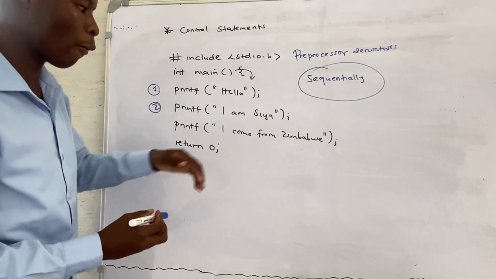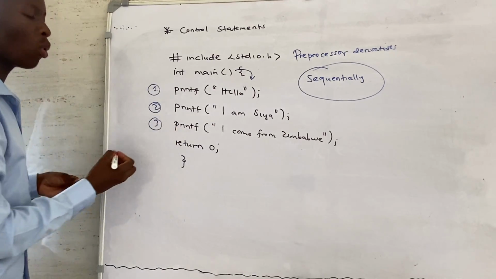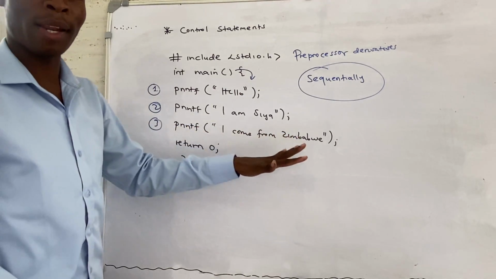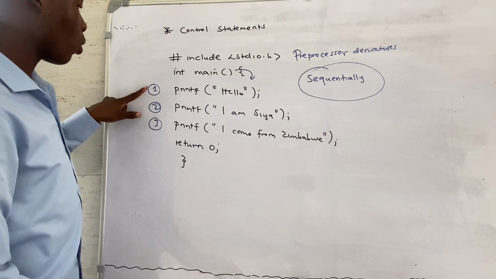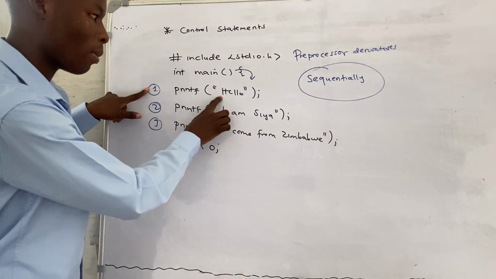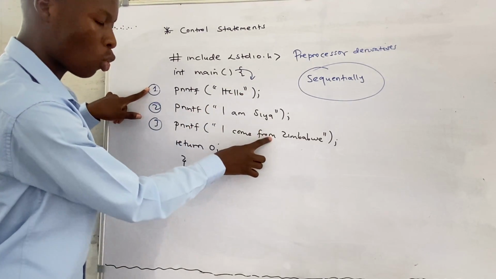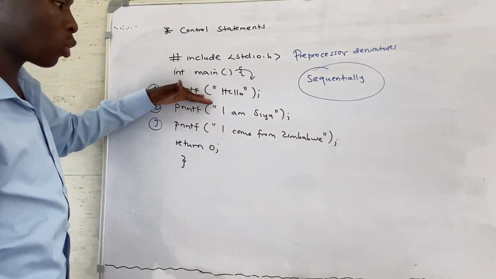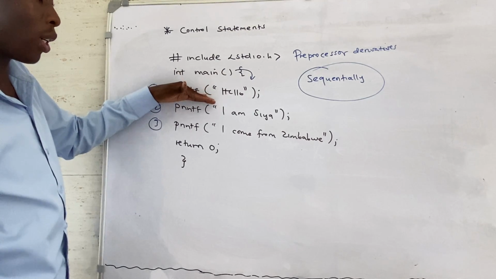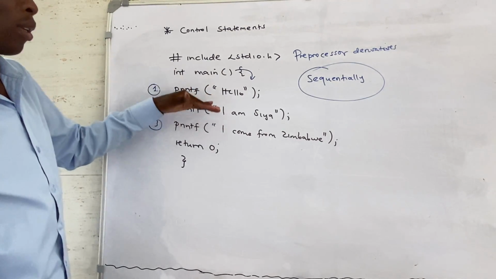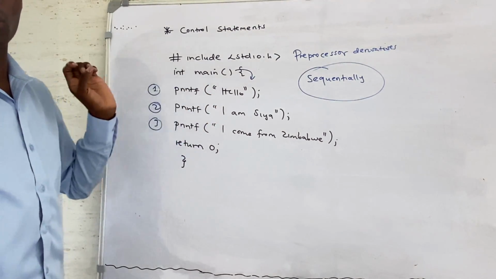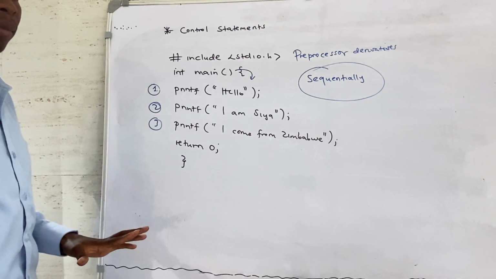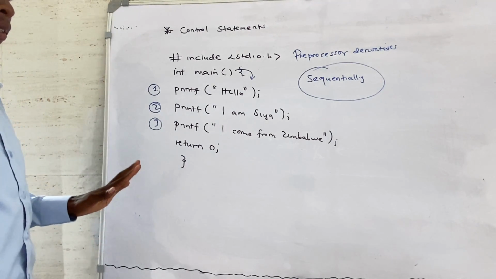After the execution of statement number 2, it is going to execute statement number 3. There is no way a compiler can jump from this statement to the last statement. No, it will go sequentially. Is this clear? I think this is clear.